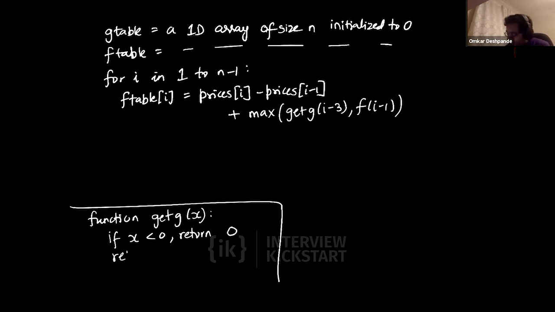Otherwise, it will just return whatever the value is in the G table at that index.